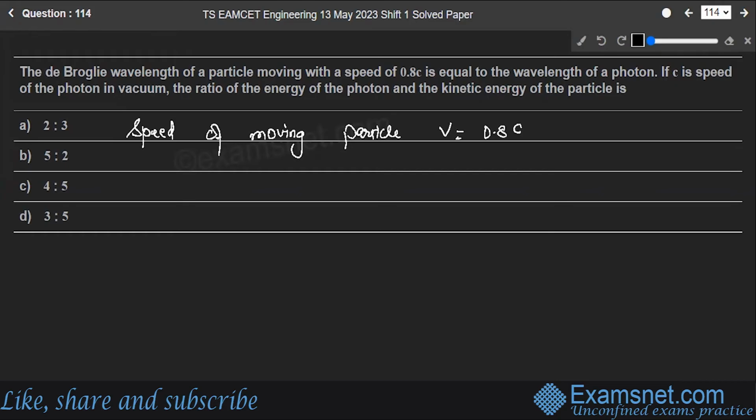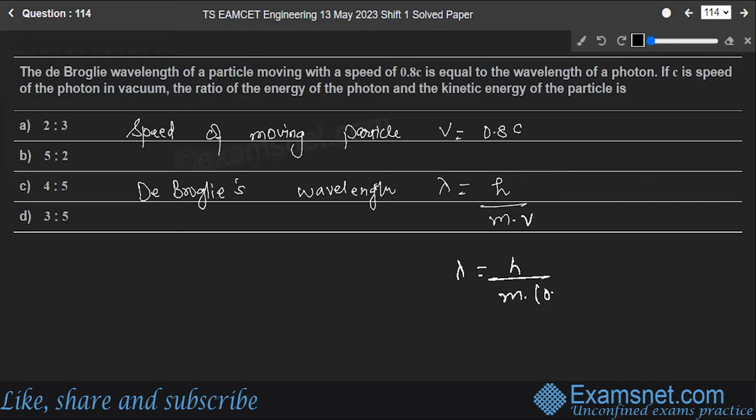We know that de Broglie's wavelength associated with the moving particle, lambda, is given as h upon m into v. v is given to you as 0.8 c, though I don't know about m. Now, de Broglie's wavelength of photon.